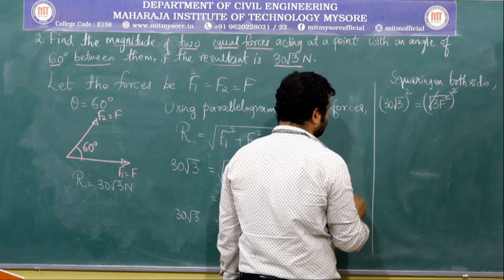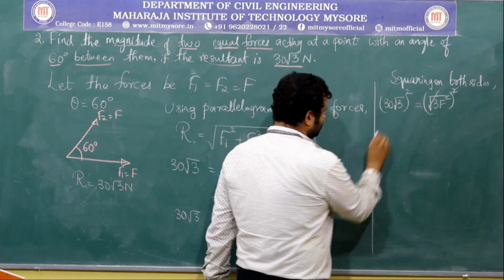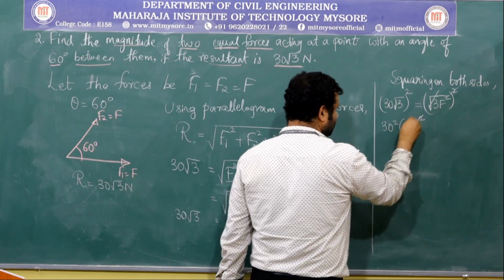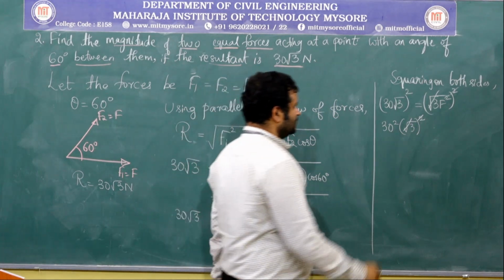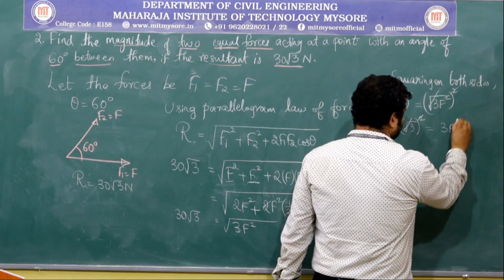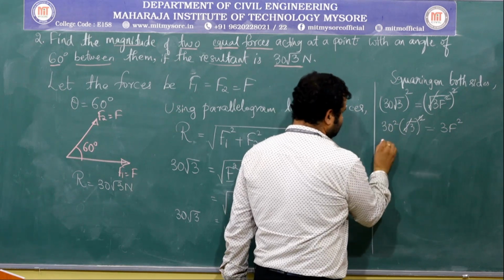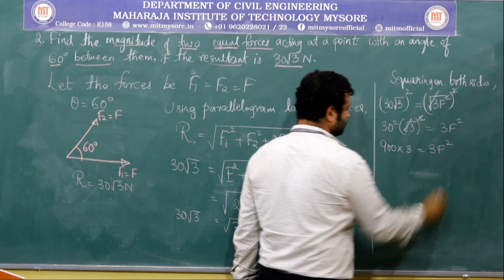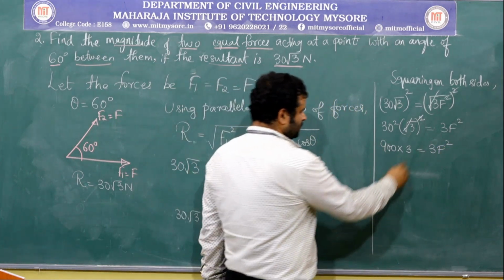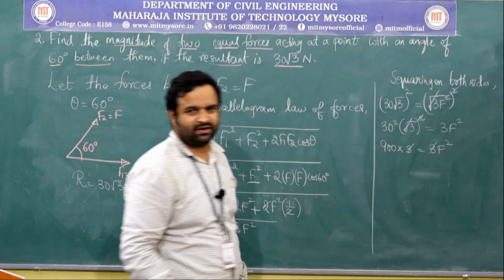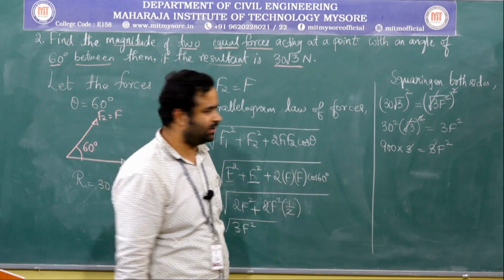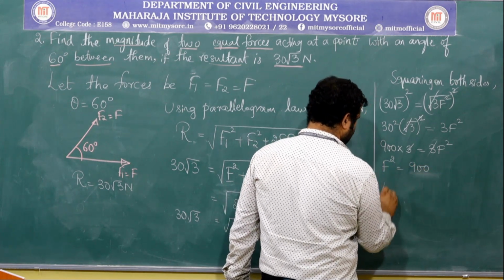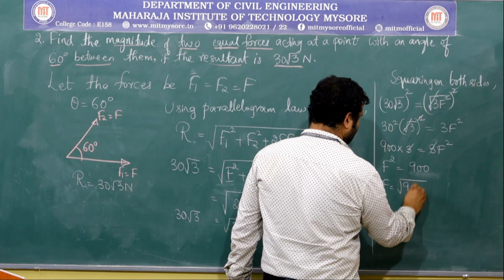Now, let us try to expand this. 30 root 3 whole square, that is 30 square into root 3 whole square, the square root and square get cancelled, that is equal to 3F square. Now, 30 square is 900 into 3 is equal to 3F square. Here we have 3 and 3 on both left hand side and right hand side, and hence I am cancelling it. So, I can write F square equals to 900 or F is equal to square root of 900.